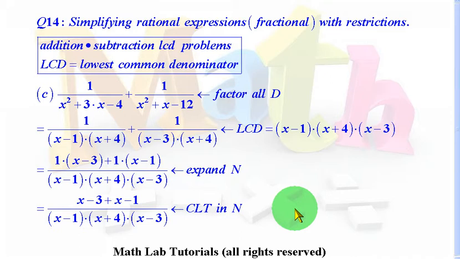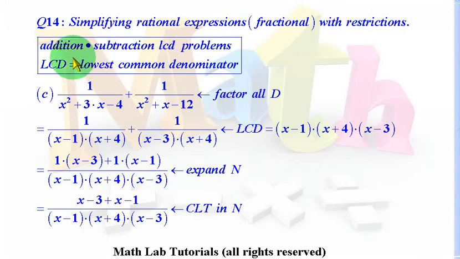This is a continuing series on algebra, and specifically this will be video 5 of the series, a continuation from video 4. Let's have a look at question 14. It says simplifying rational expressions, aka fractional expressions with restrictions.